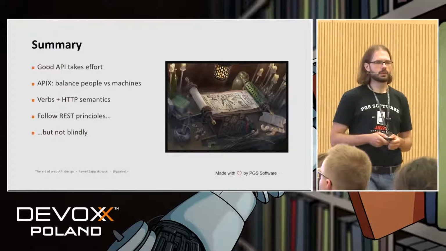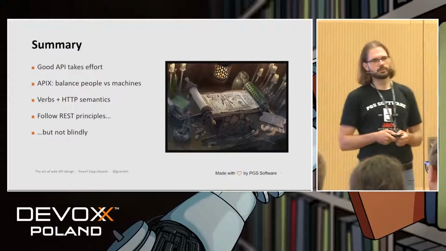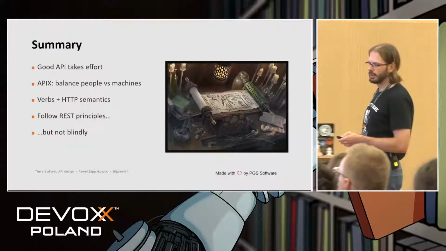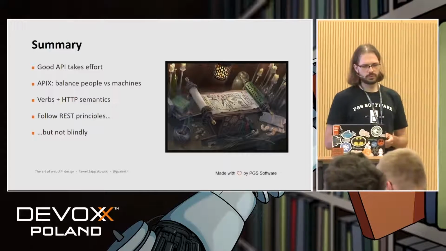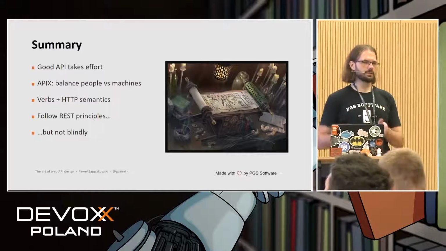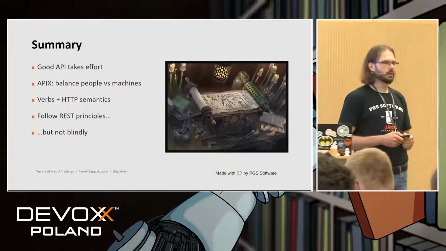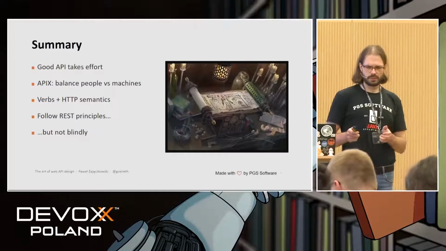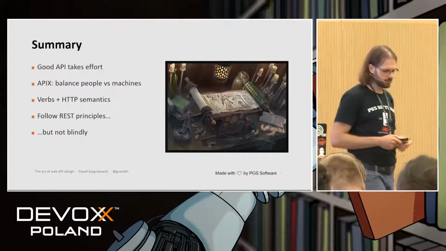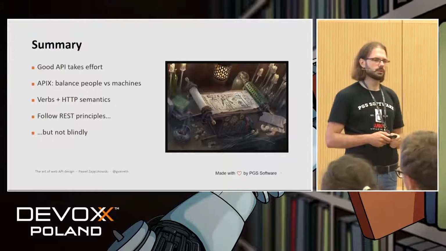We need to take advantage of HTTP semantics, so methods, headers, status, all that good stuff. And look at those principles, but do not follow them blindly, because sometimes something doesn't really fit into the REST picture but still makes sense, and we can just bend the rules if we know what we are doing.